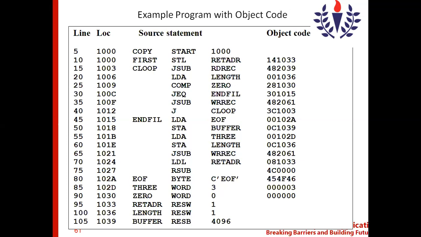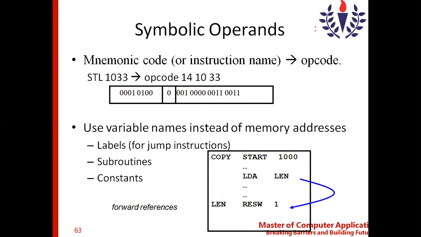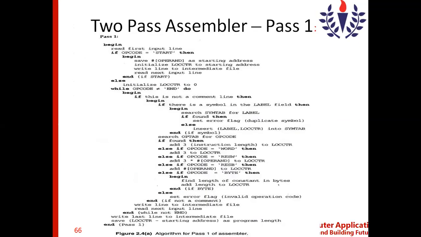And what is the length of each character? Each character takes one byte, since each character takes 8 bits, and 8 bits are nothing but 1 byte. We have E, O, F, and 3 characters will take 3 bytes. That is the reason 3 bytes will be added to the location counter. That is the same thing which is mentioned in the algorithm as well.